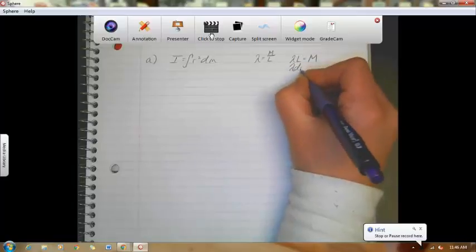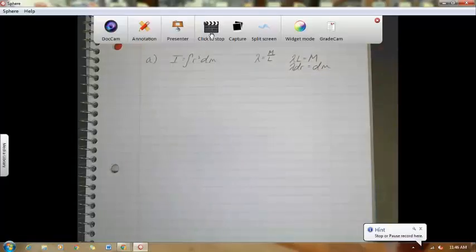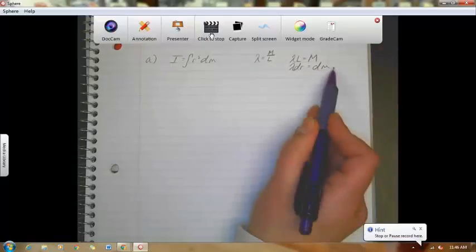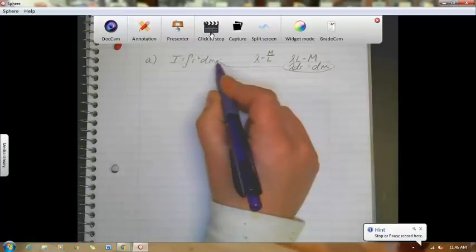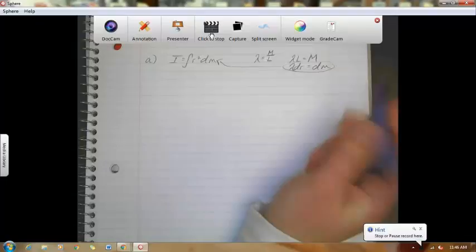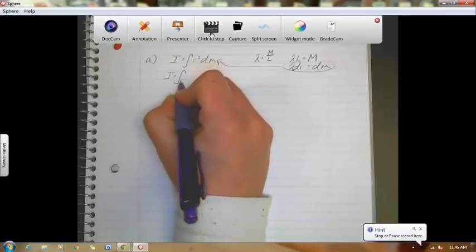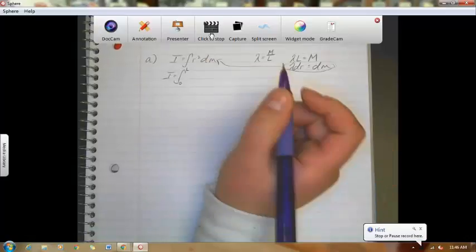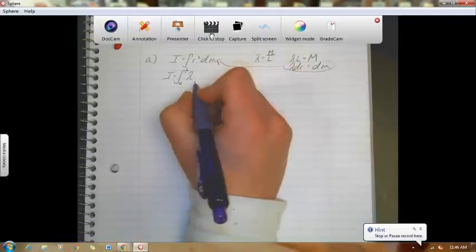Now we can substitute this into our integral so that we're only integrating over one variable. So I is going to equal the definite integral from 0 to L, since that's the length of our rod, of our mass to length ratio times r squared dr. Now we're just going to integrate that.